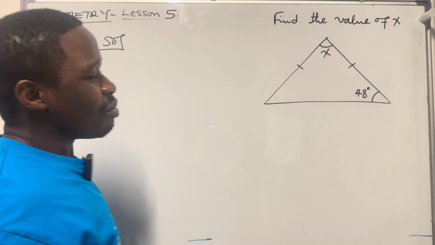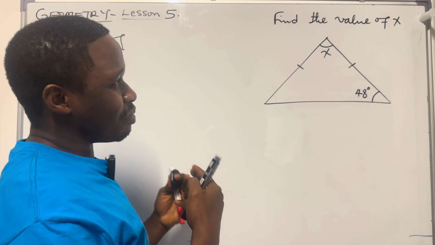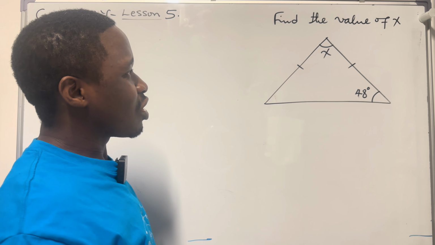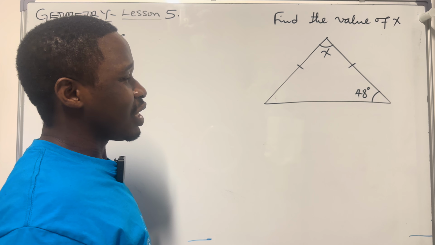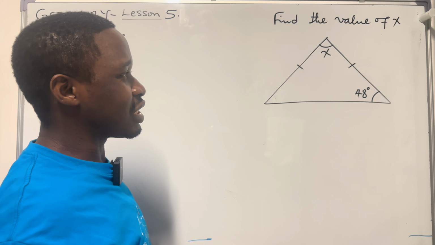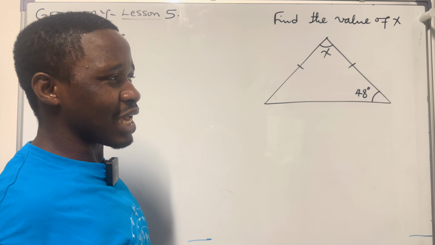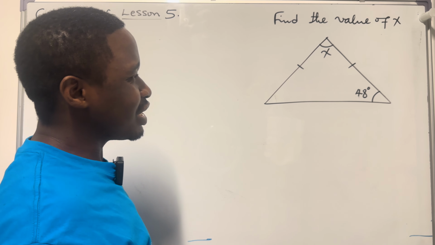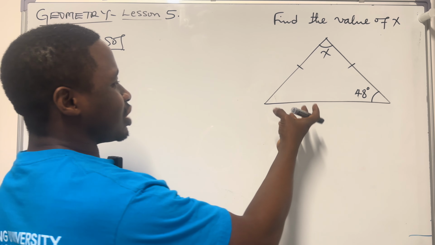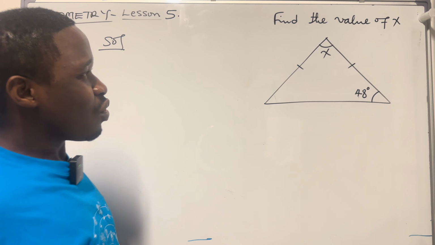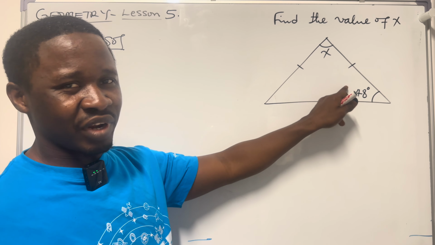Now, mostly when a question in geometry comes with a triangle, students start thinking of what? Sum of angles in a triangle. Of course, that is always nice. That is great. But you cannot think of saying sum of angles in a triangle when only two angles are available.